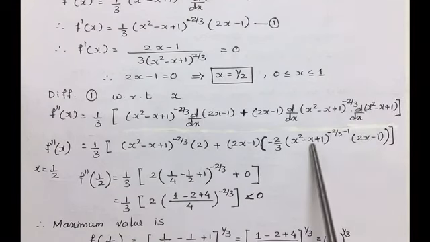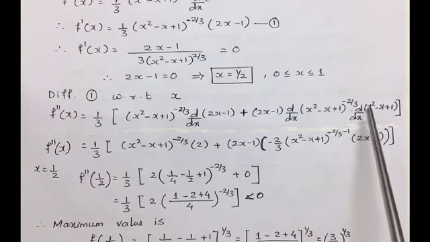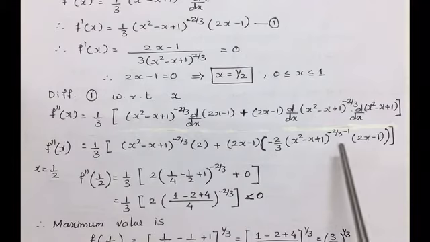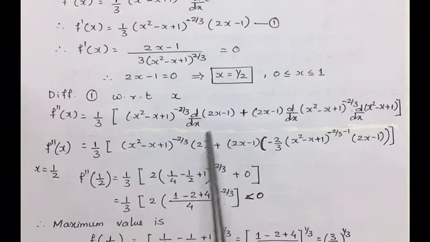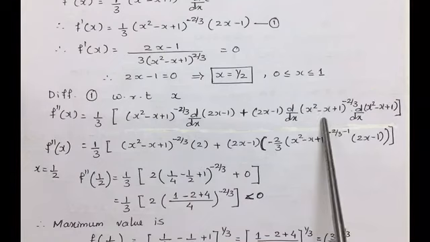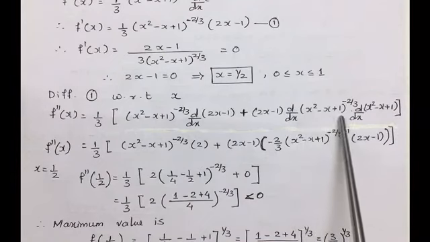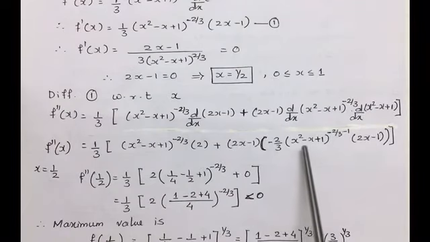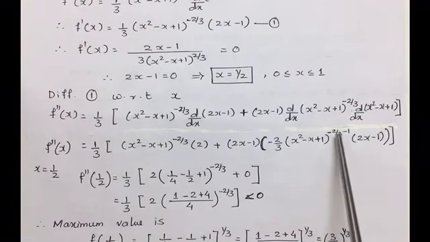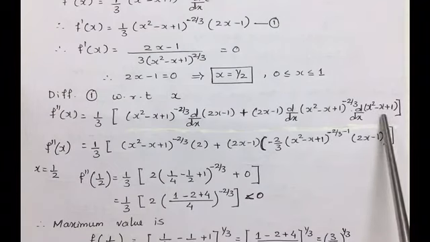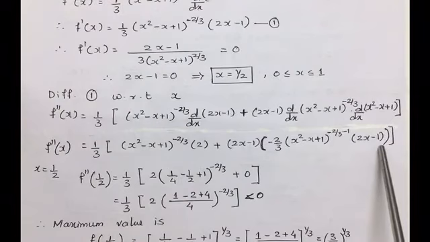First the derivative of power and then the derivative of x square minus x plus 1. So, taking out the derivative of 2x minus 1 will make it 2, and the derivative of (x square minus x plus 1) raised to the power minus 2 by 3 is minus 2 by 3 (x square minus x plus 1) raised to the power minus 2 by 3 minus 1, and the derivative of x square minus x plus 1 is 2x minus 1.